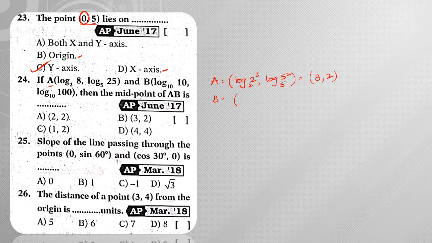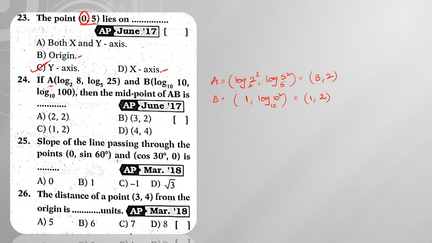Next point B, log 10 base 10 is nothing but 1, and log 100 can be written as 10 square to the base 10. Now from this, using the power rule, this is 1 comma 2. Now what is he asking? Midpoint.